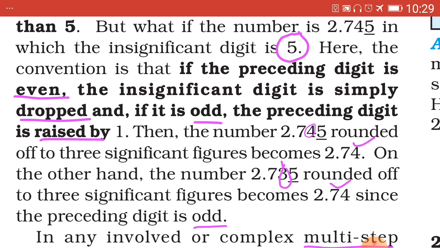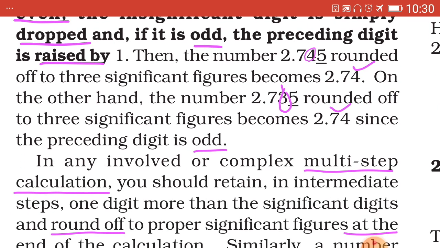Now suppose the number is 2.735. Here the digit 5 is insignificant, you have to eliminate 5, and the previous digit is 3 which is odd, so add 1 to this number, which will become 2.74. So this is how, when the insignificant digit 5 comes, the odd-even rules have to be applied for the preceding digit.